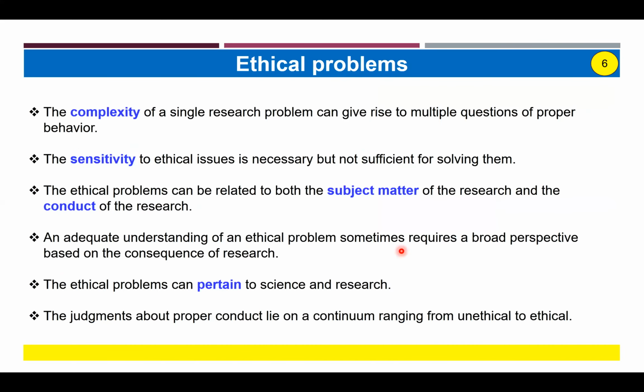So now, what are the ethical problems, right? There is a complexity of the single research problem. Single research problems can give rise to multiple questions of proper behavior. During the initial days when you start researching and optimizing things, I think in every research, whatever field you are in, you need to do something called optimization, right?